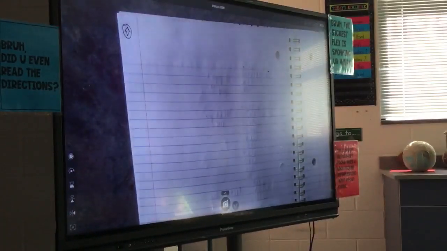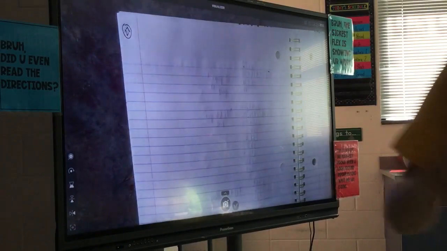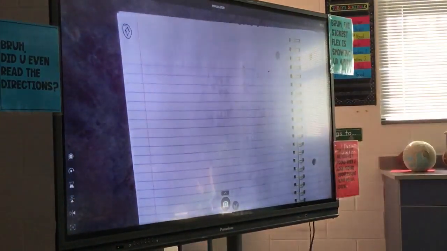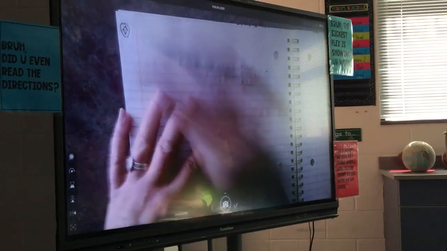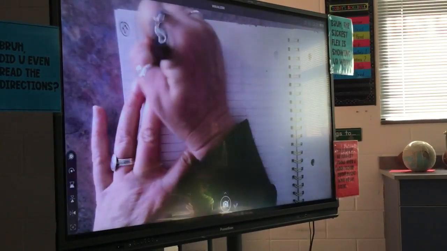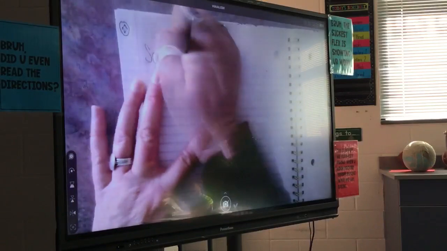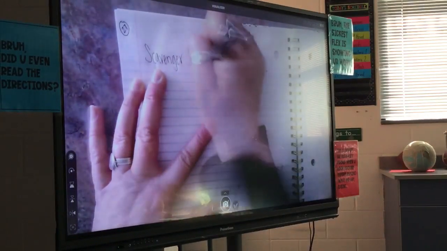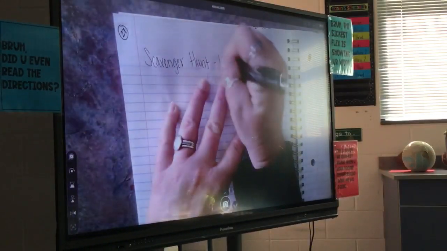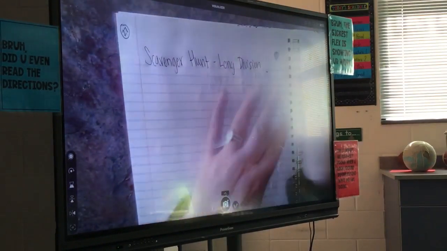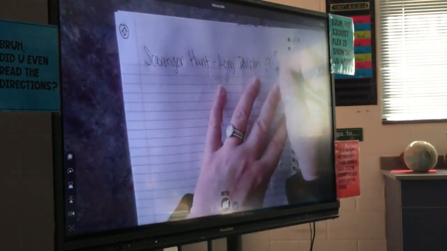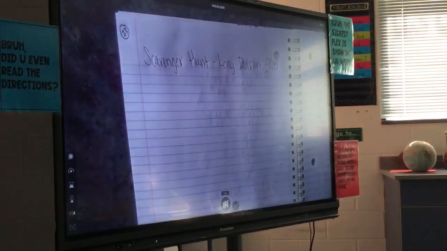All right, please go ahead in your notebook. Turn to the next blank left page. Entitle it Scavenger Hunt, Long Division. Shh, guys, that's enough talking.